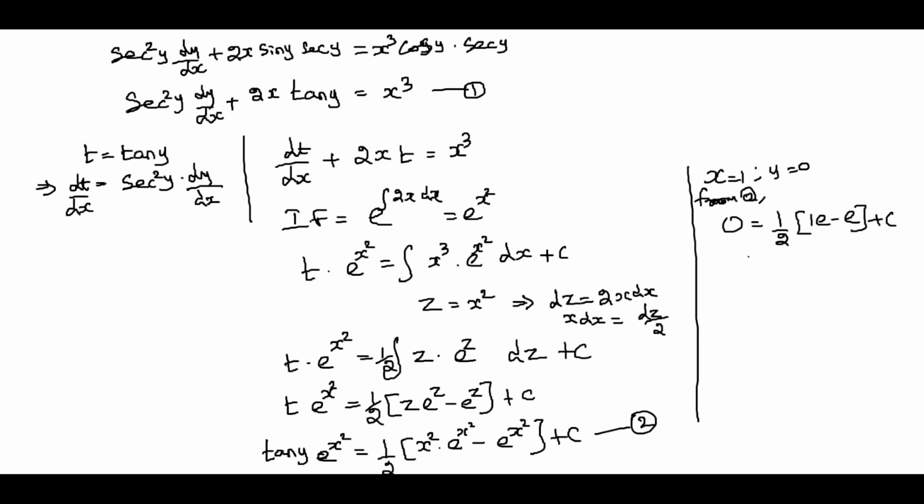So it is also 0, so c equal to 0. So the equation will be tan y e power x square equal to 1 by 2 into (x square e power x square minus e power x square).